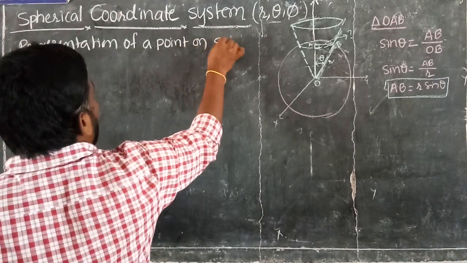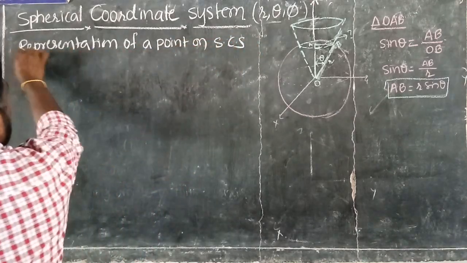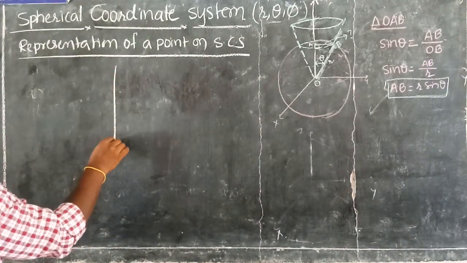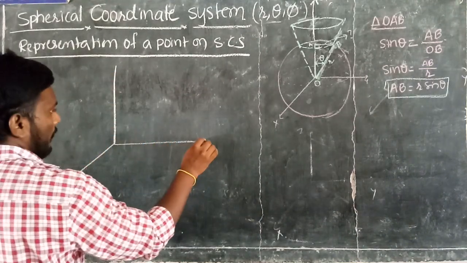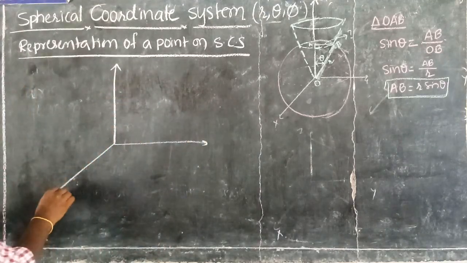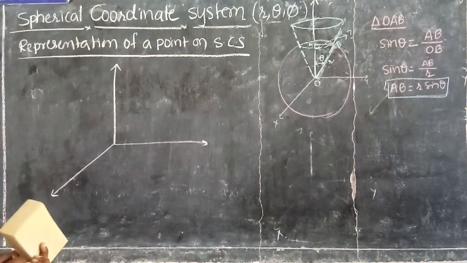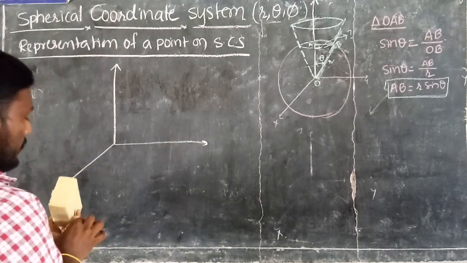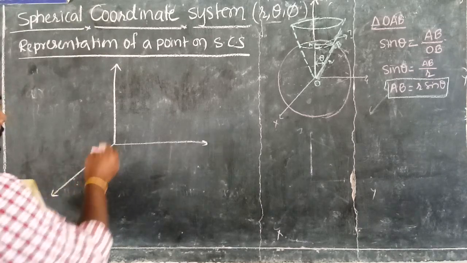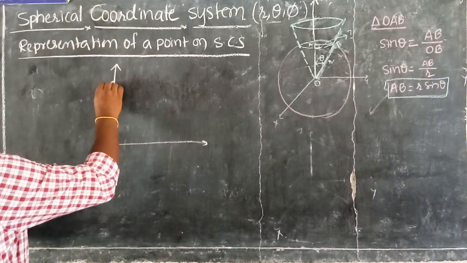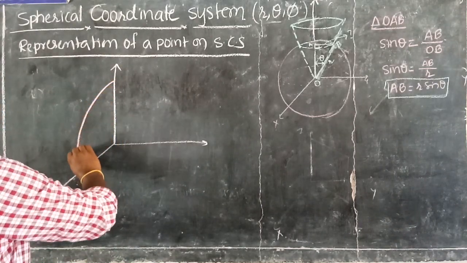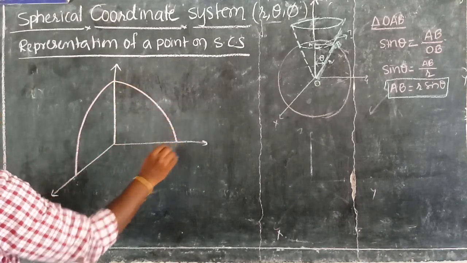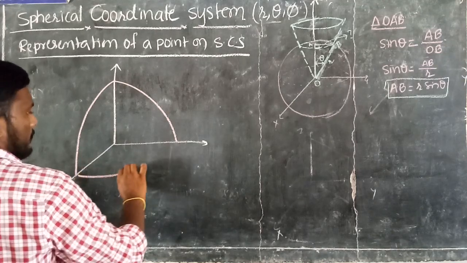on the spherical coordinate system. Just take the x, y and z axes. The common portion, the common surfaces of the spheres, I am drawing here. Observe, like this side, and here it is like this.